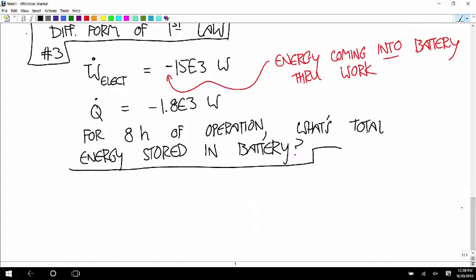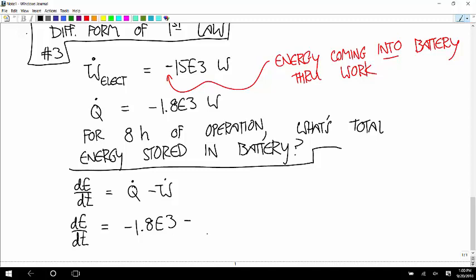Okay, so our equation says dE dt is equal to Q dot minus W dot. And so dE dt is equal to negative 1.8 times 10 to the third minus negative 15 times 10 to the third.